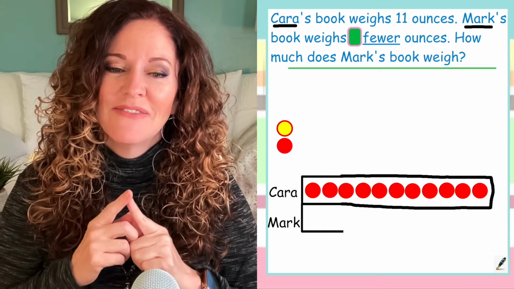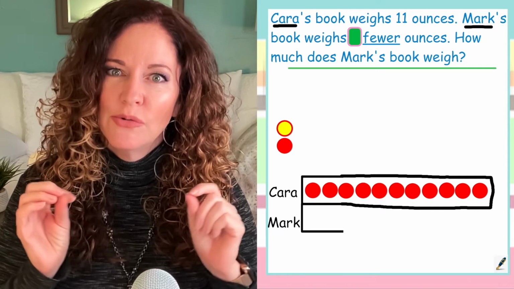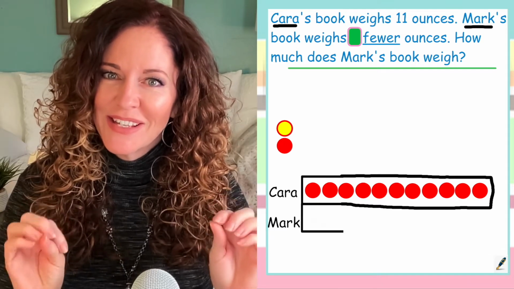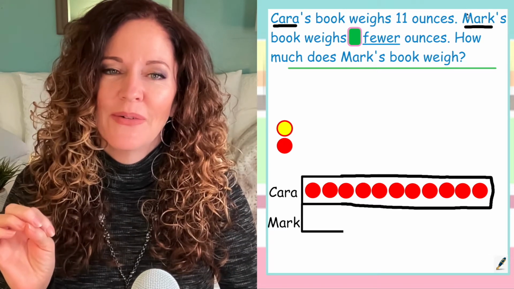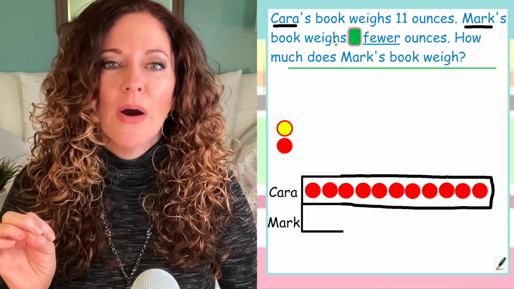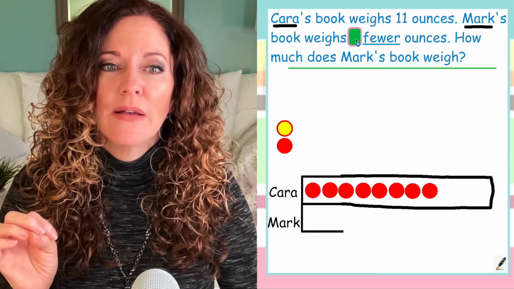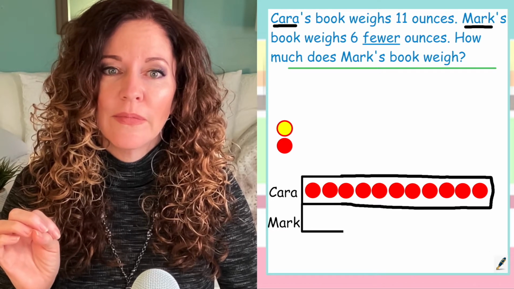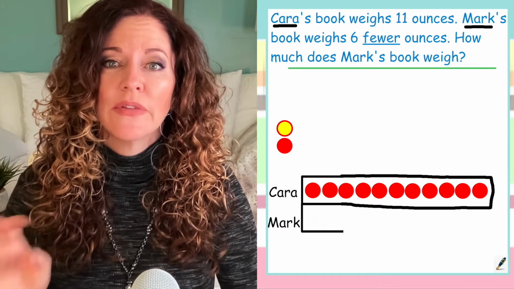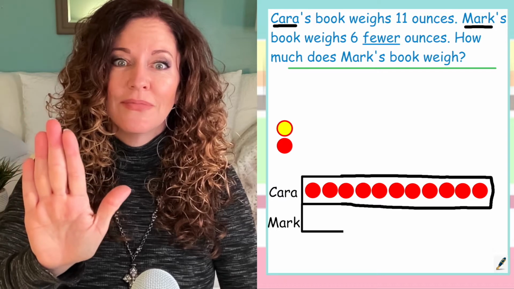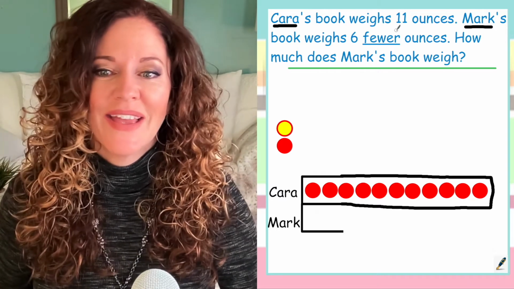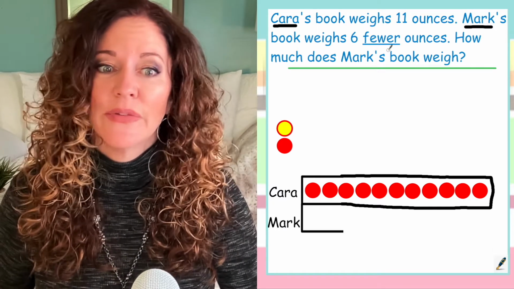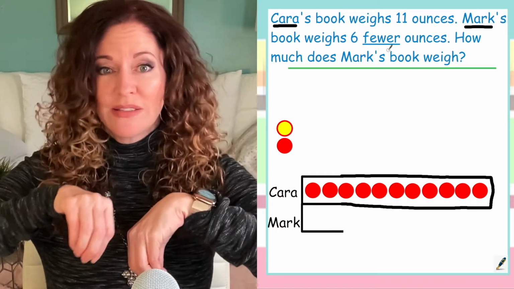Now we're ready to model Mark's, but I want you to watch me because this is going to look a little unusual to you. It says Mark's book weighs 6 fewer ounces. Stop. It does not say that Mark's book weighs 6 ounces, so I can't just put those 6 in his box.